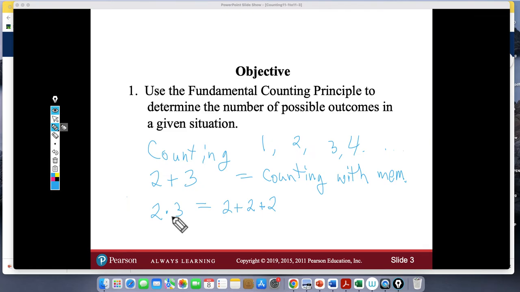And what we're going to see is, if we're going to take advantage of that, we're going to use this multiplication principle to count things quicker. That's really all it is. So if you really think about it, all math is counting. It's just we get faster ways to do it, which then we have a formula for, but it's all just a matter of counting what do we have, right?